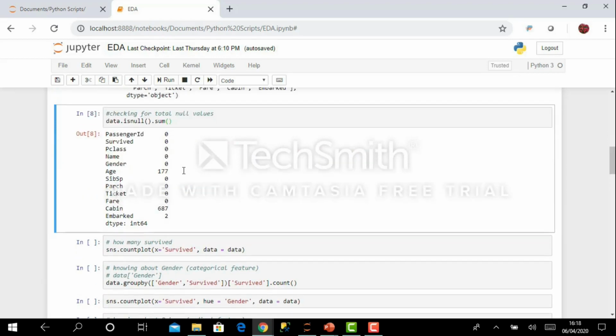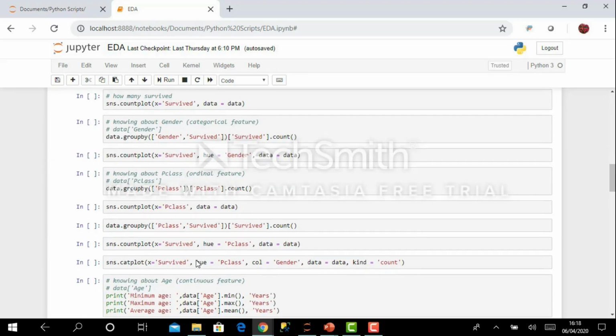This is a very useful function for understanding how many null values are present in your record set, because when you are going to come to some conclusion, it is very important that data is present. If data is not present for some feature, then you have to make some assumptions, and that may be wrong in deciding the final outcome. So I understood that in this data set the age and cabin columns have a lot of null values, and the embarked column has 2 null values.